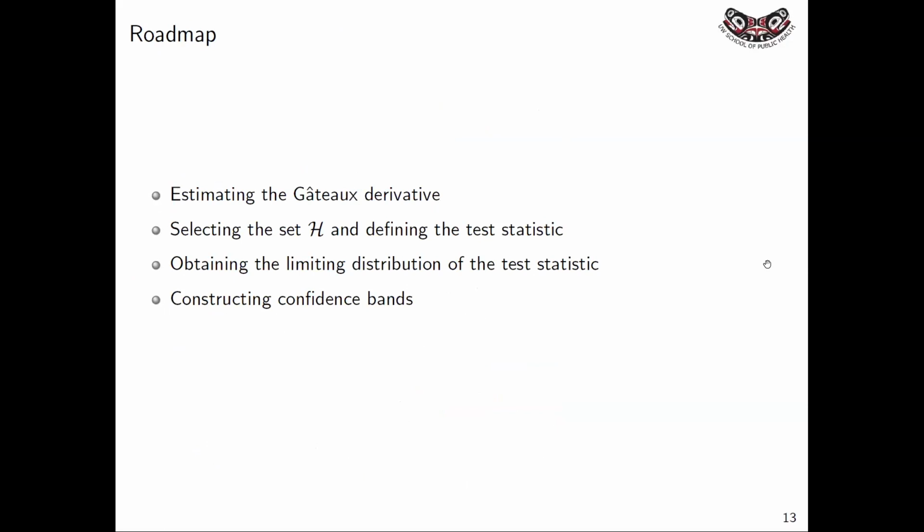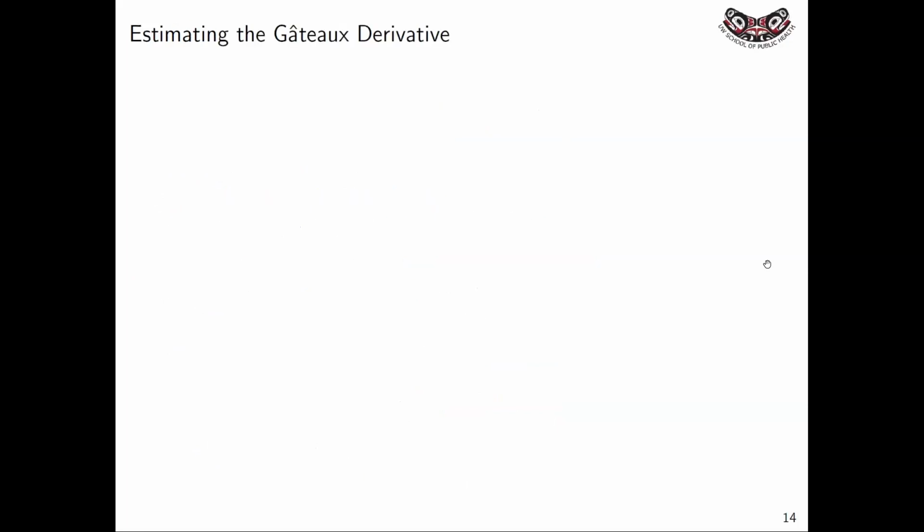We need to talk about estimation of the Gatour derivative. We need to think about how to construct this class of functions h, so this general idea works. Then how do we define the test statistic, and how do we get the limiting distribution of that test statistic? And finally, I'll also talk about the construction of confidence intervals. That's what I'm going to talk about in the remainder of this talk.